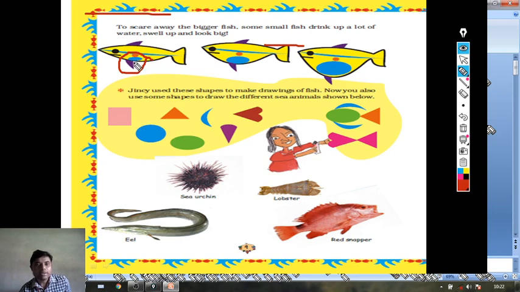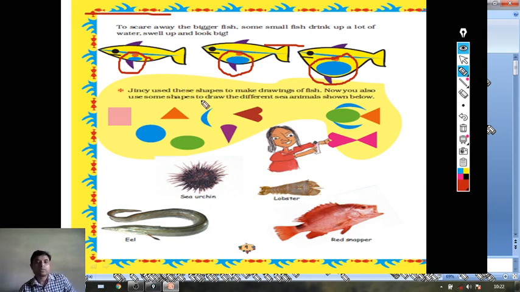When it takes this amount of water, this is the size. When it takes more water, then the size increases. Again, when it takes more water, then the second one looks bigger than this. So when it looks bigger, it looks like a big fish, so it is safe from the big fish.